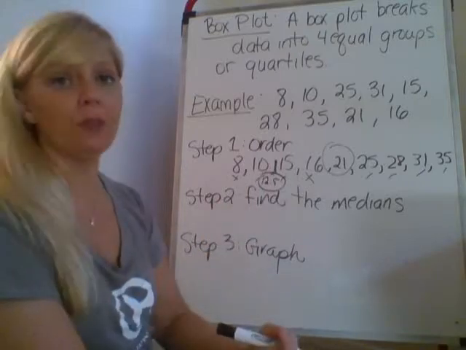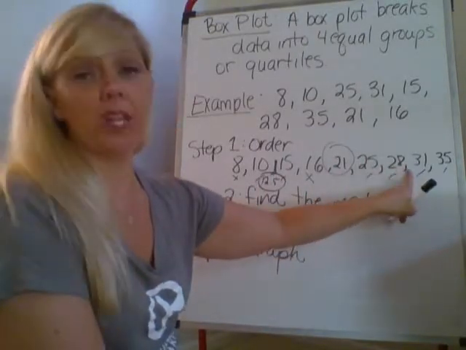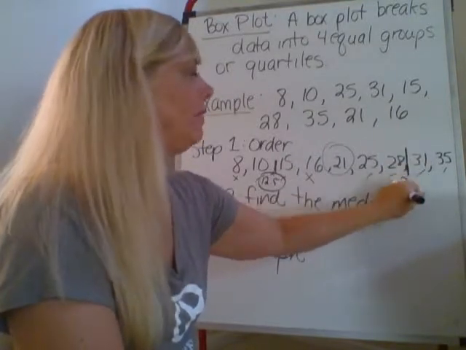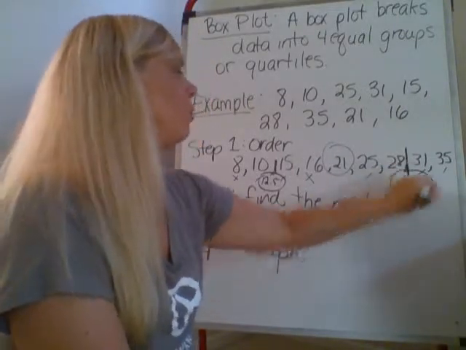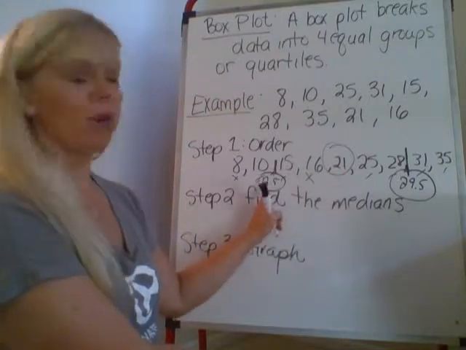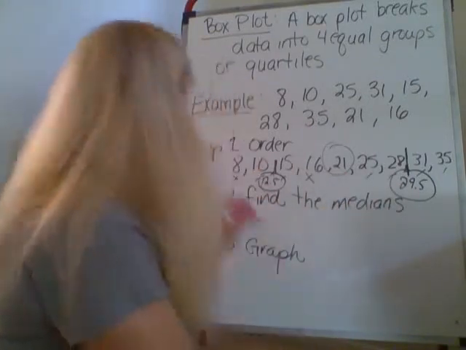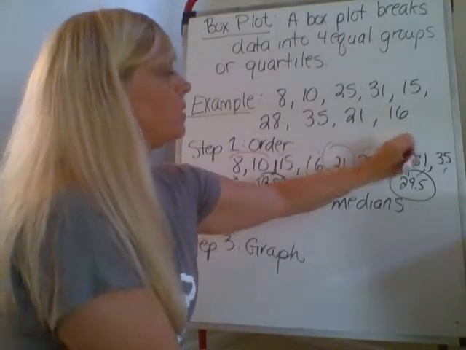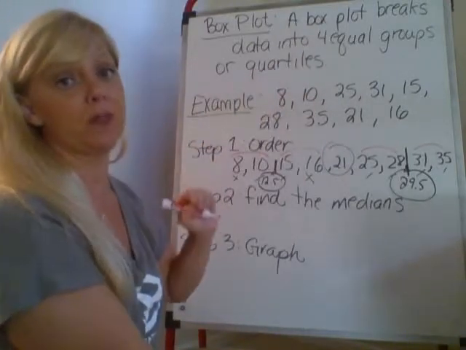If I go in here, it's between 28 and 31, and that would be 29.5, my upper median. So: middle median, my actual median, lower median, upper median. And I've got 2 numbers here, 2 numbers here, 2 numbers here, and 2 numbers here. So my data is broken into 4 equal groups.